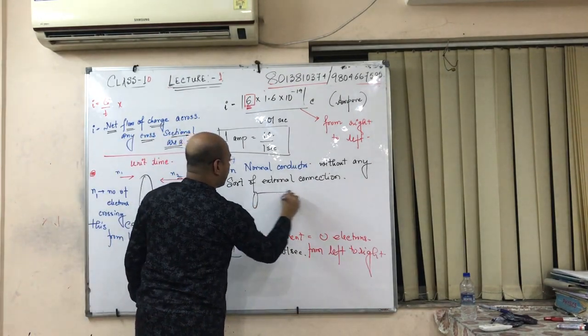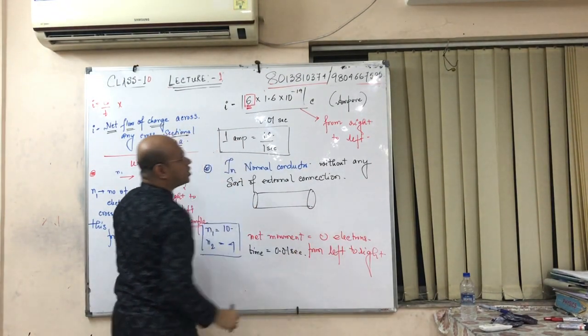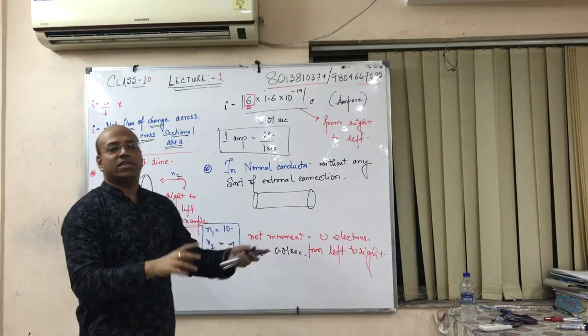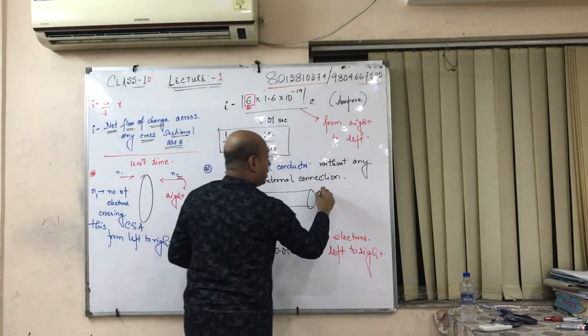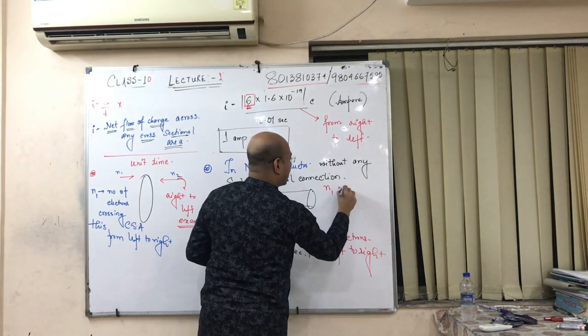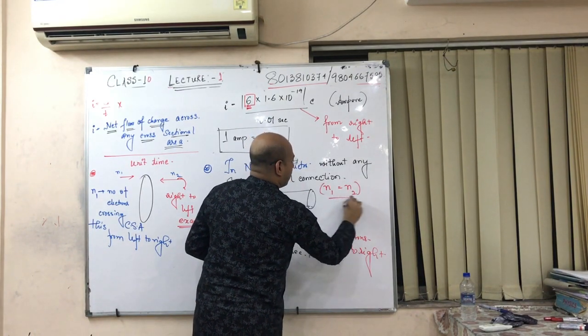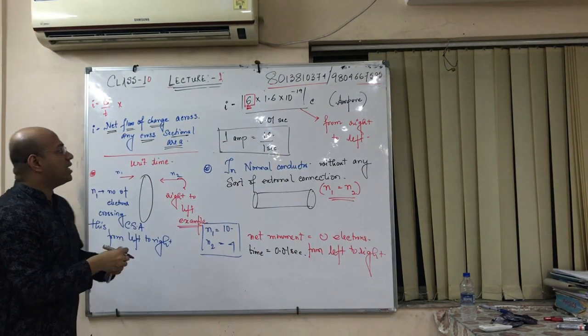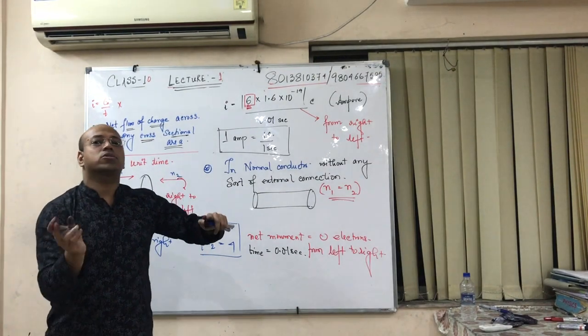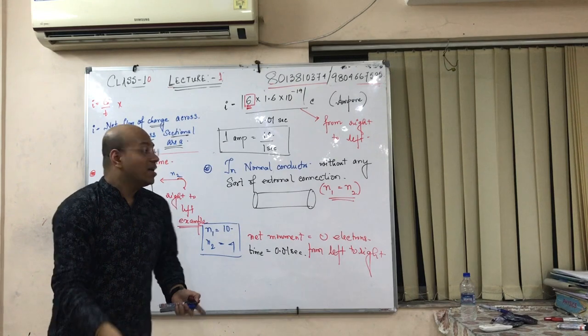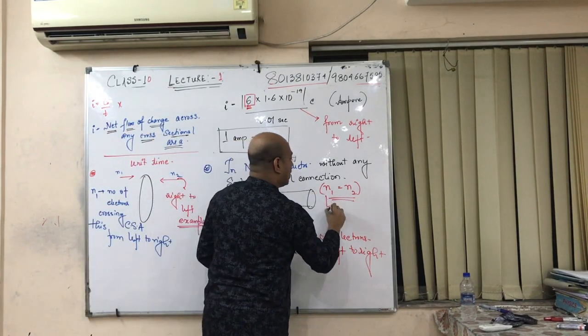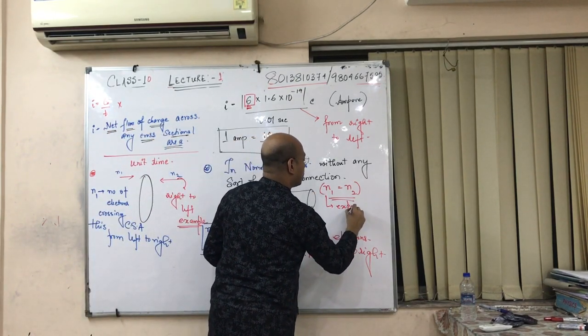What do you mean by the term external connection? It means it is not connected with any sort of battery or circuit. In this case, the number of electrons crossing from left to right is equal to the number of electrons crossing from right to left per unit time. So this is experimentally proved.